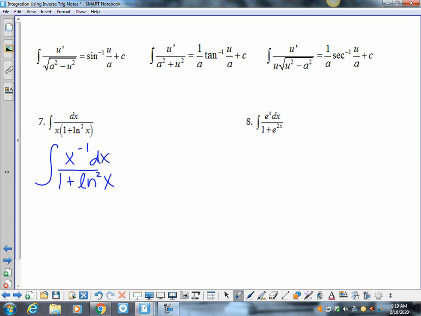So if you let, let's see, if we did this and we said a squared is 1, u squared is ln of x. So what's your a? What's your u?